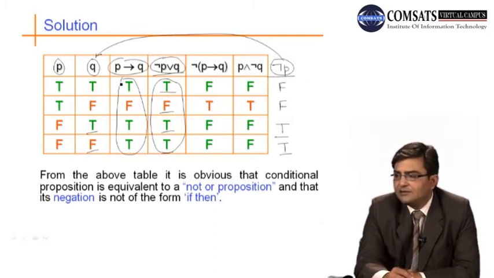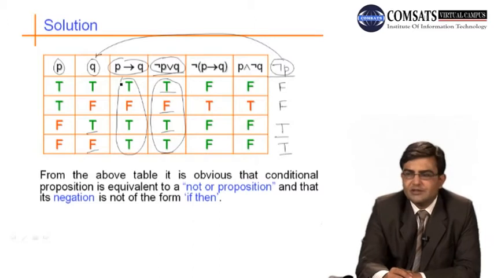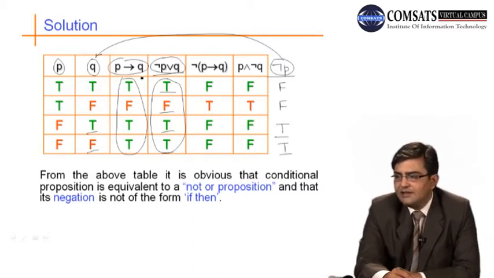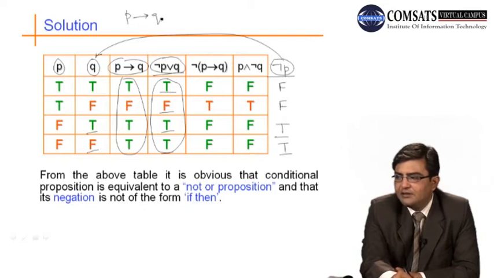As the truth values of these two compound propositions are exactly the same, these two compound propositions are logically equivalent, and we write it as P implication Q is logically equivalent to not P or Q.